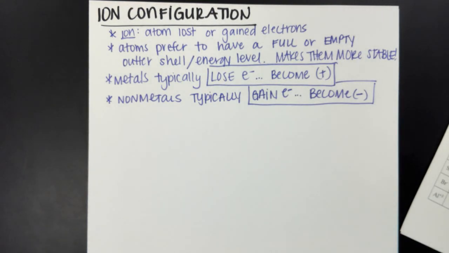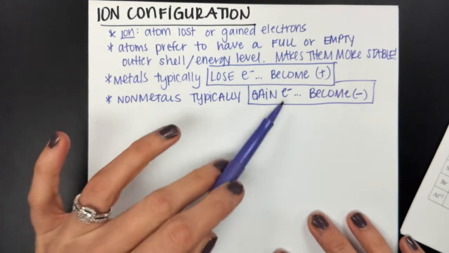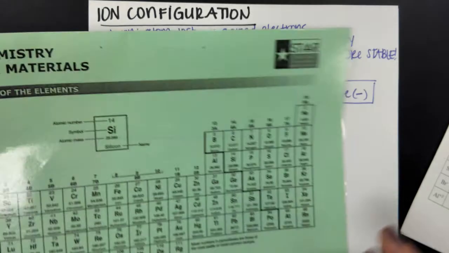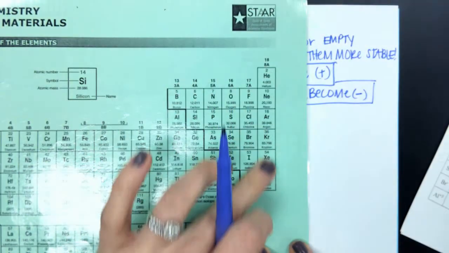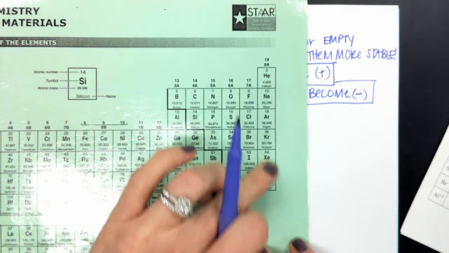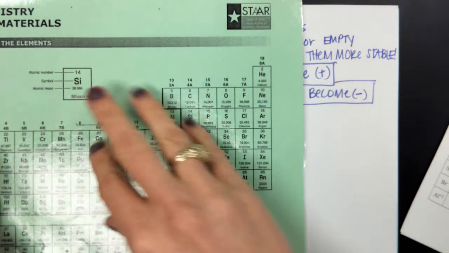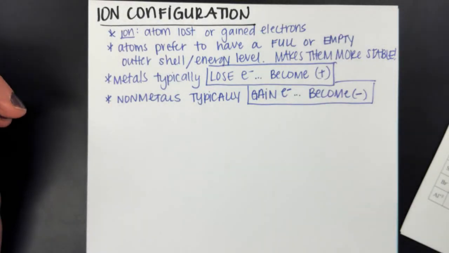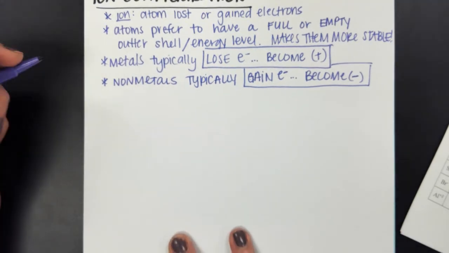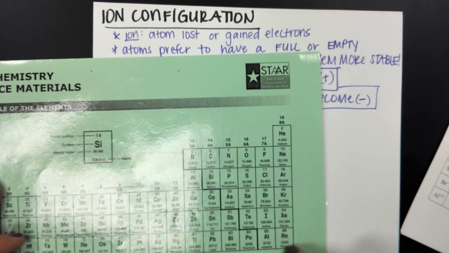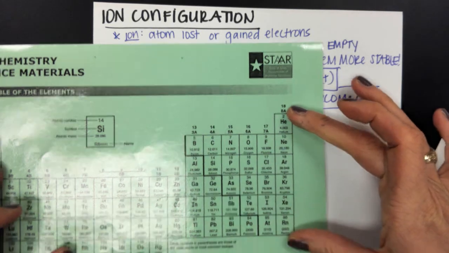So afterwards, after they have lost electrons or gained electrons, they then look like a noble gas, right? Because your noble gases don't react, they're stable, they have a full outer shell of electrons. Okay, which was the whole goal. Everybody hopes they can have that full outer shell of electrons. So, your ion configurations, a good way to check if you've done it right is it should match one of these 6 noble gases.